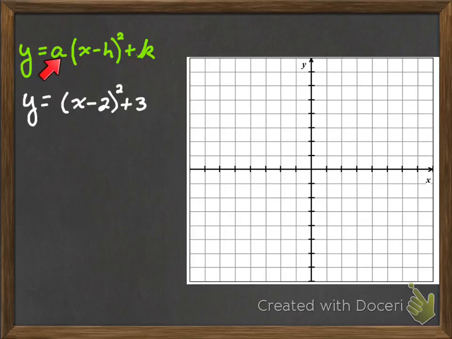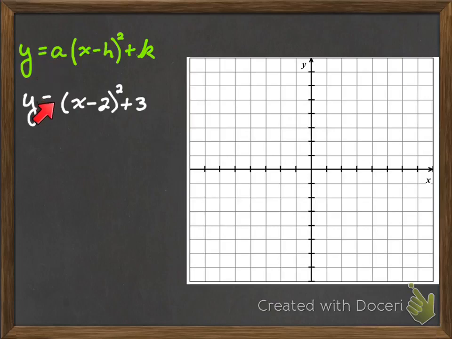A represents your vertical stretch or compression. If your A value is larger than 1, it's a vertical stretch. If your A value is between 0 and 1, it is a vertical compression. And if your A value is negative, it is a reflection over the x-axis, which means it would open down.